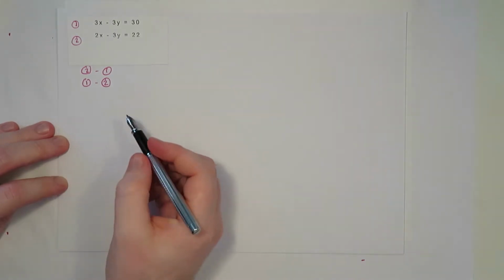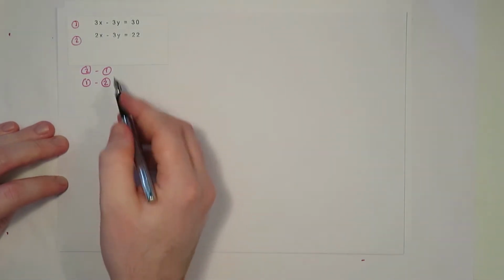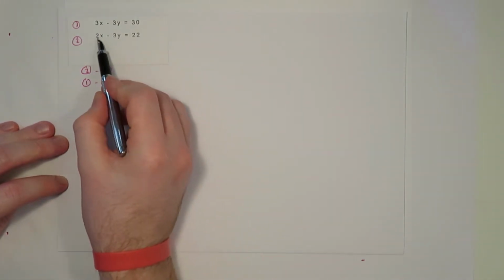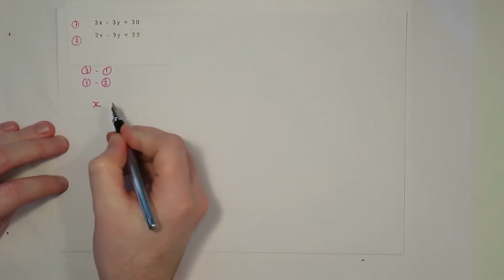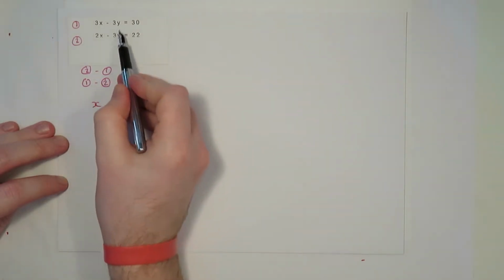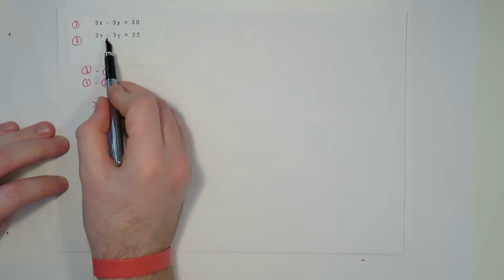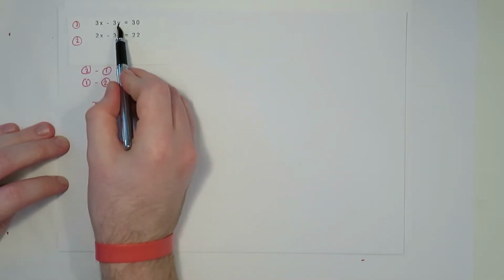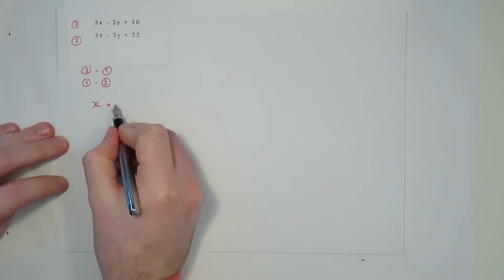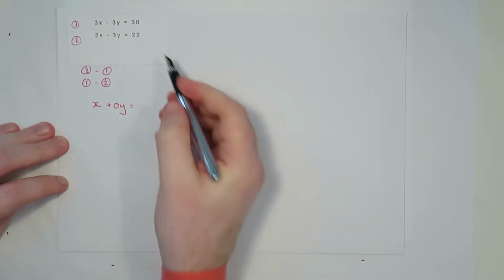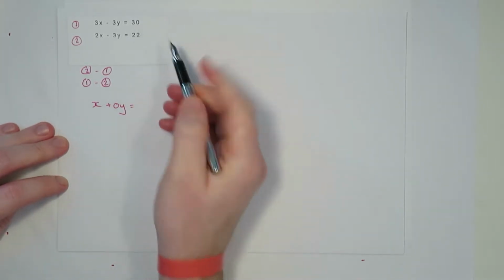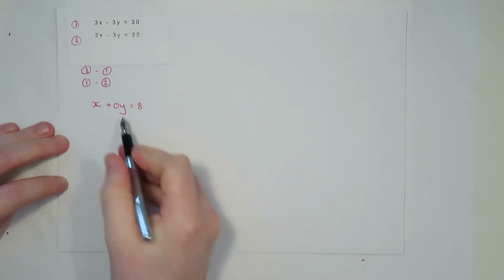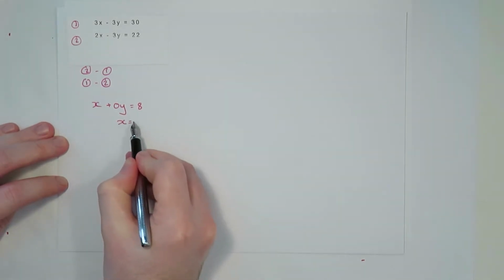So equation 1 subtract equation 2. So that will be 3x subtract 2x, which is x, minus 3y subtract minus 3y, that would become plus, so minus 3y plus 3y is no y. 30 subtract 22 is 8, so x is equal to 8.